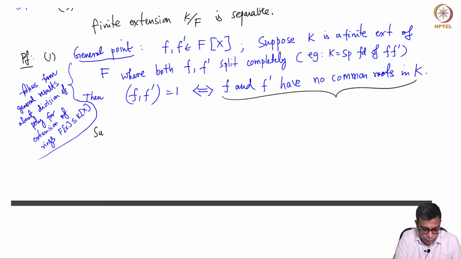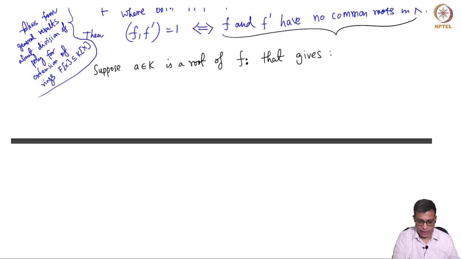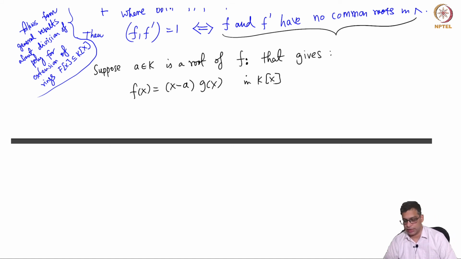So suppose a in K is a root of, let me start with a root of f. Here I am really working in K[x]. That gives f(x) = (x minus a) times g(x). This is the meaning of a being a root: x minus a divides f(x).